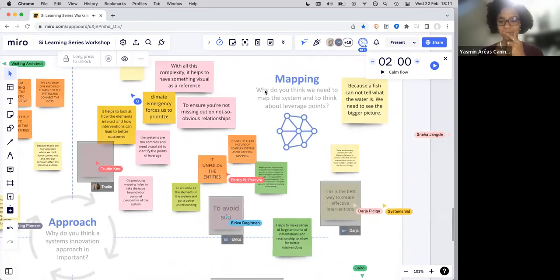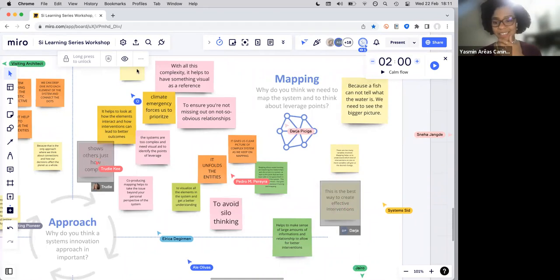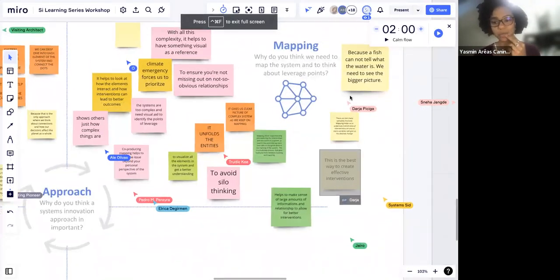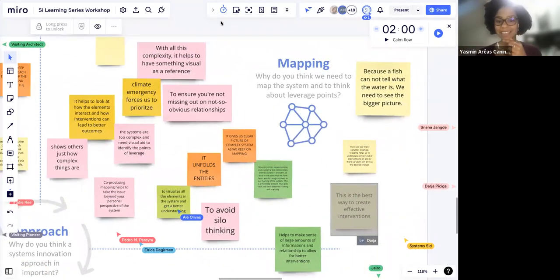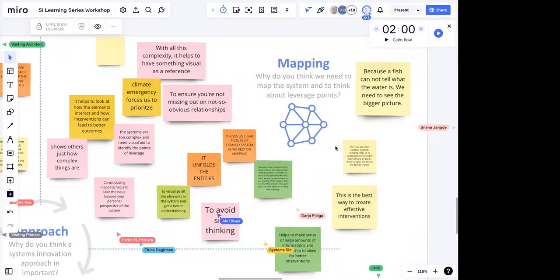All right, awesome. I think the first thing that caught my eye was because a fish cannot tell what the water is, we need to see the bigger picture. Please, author of this one, what do you mean by that? Hello. When you're so much engrossed with the problem, you cannot find solutions.